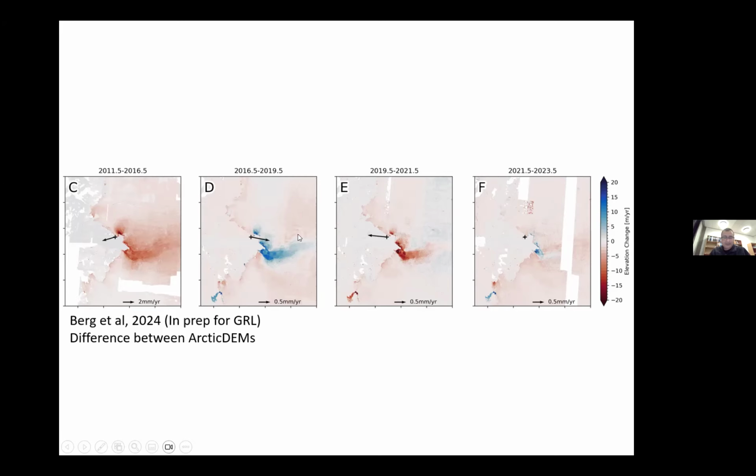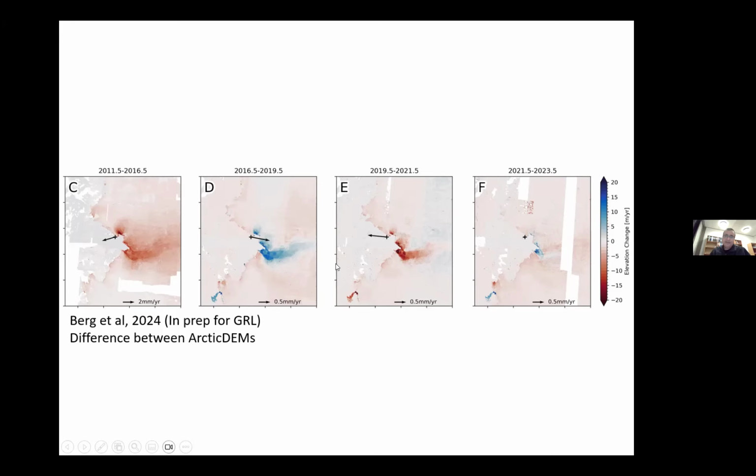This has also been reported by several studies, suggesting that the glacier started thickening near the front here, especially near the southern ice stream. And from 19 to 21, it started to thin again, and over the last 2 years, it has actually been close to zero or maybe a little bit of thickening.